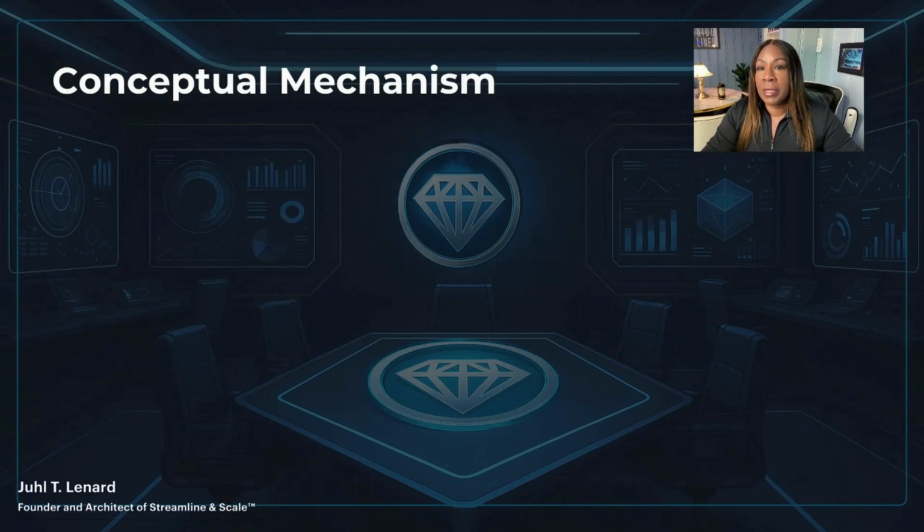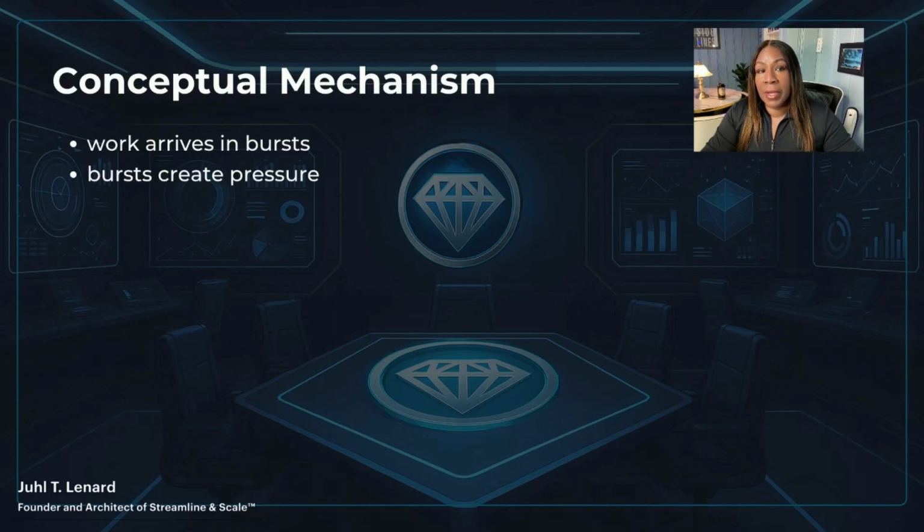Now, what is the mechanism for how this happens? The work arrives in bursts, and the bursts create pressure. The pressure moves us to want to hire because we think, we've got a lot of work, we've got to get somebody in here to take care of it so we can make more money.